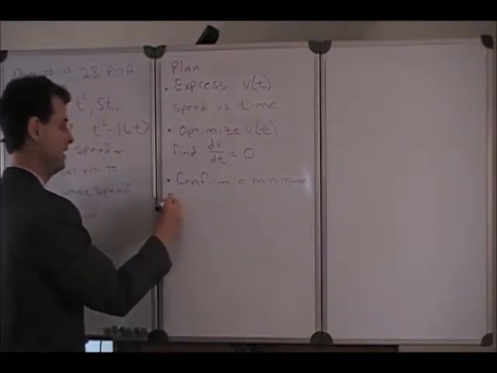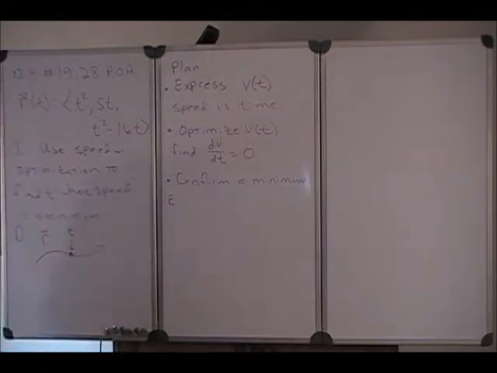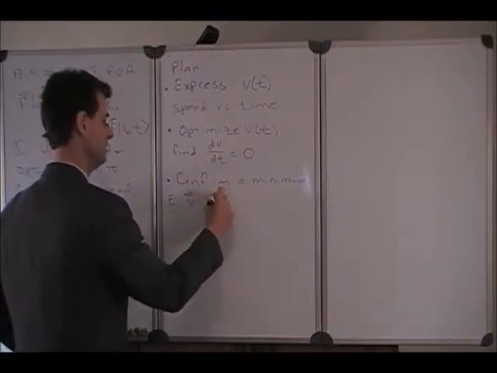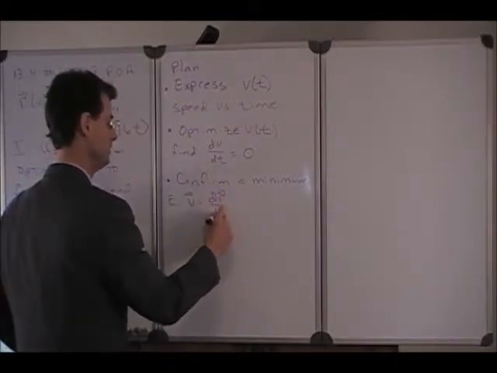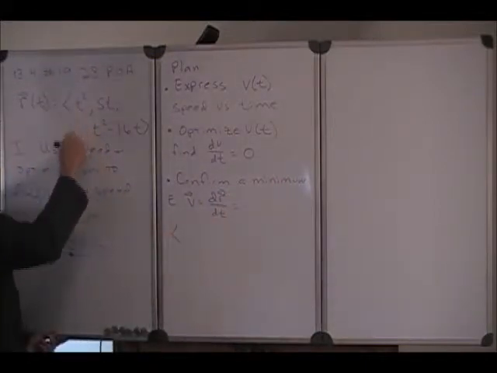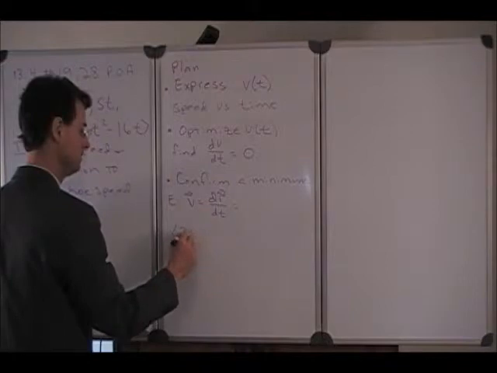Alright, let's go ahead and execute our plan. So the velocity vector is the time derivative of the position vector. So the derivative of t squared is 2t.